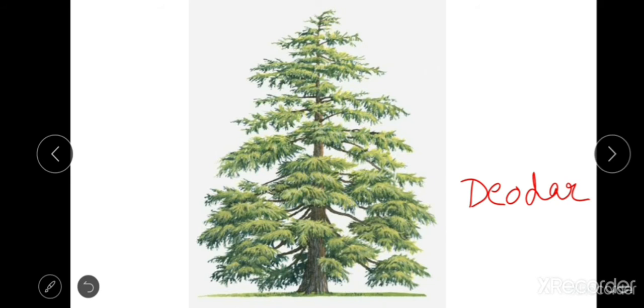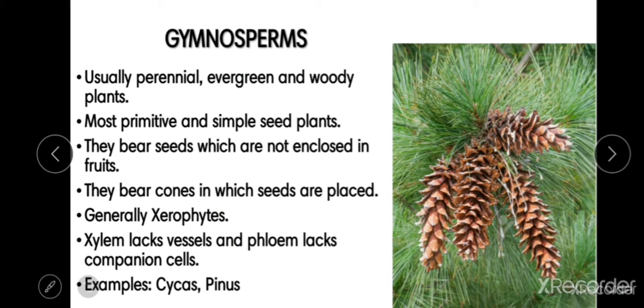It is also woody, having lots of branches, leaves, and a well-developed vascular system. So plants showing such characteristics fall under a new division, that is division Gymnosperms.